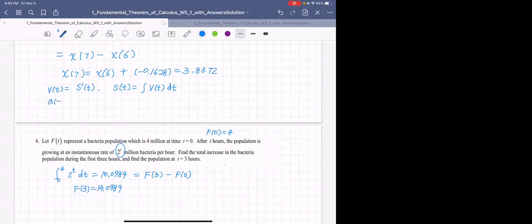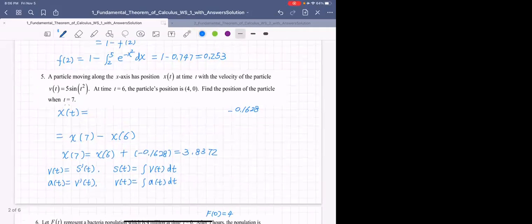And acceleration is whose derivative? Velocity's derivative. Yes? What does the A stand for? A is acceleration. Oh, okay. Yeah, like gravity, you know? And v of t is going to be the integral of a of t dt. Okay.